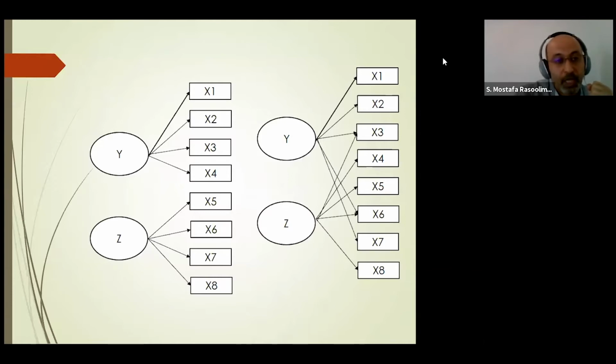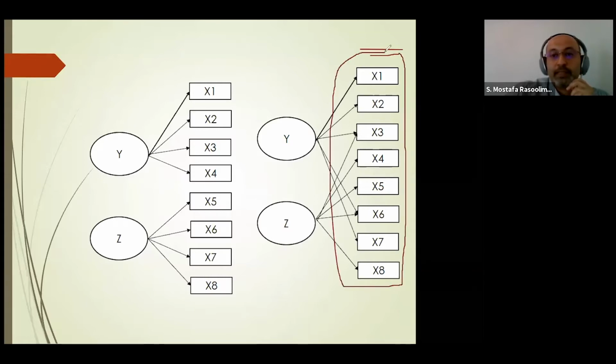But confirmatory is similar to the figure on the right side. Okay, here you can see we have x1 to x8. We have a pool of items without knowing which item belongs to y or z.